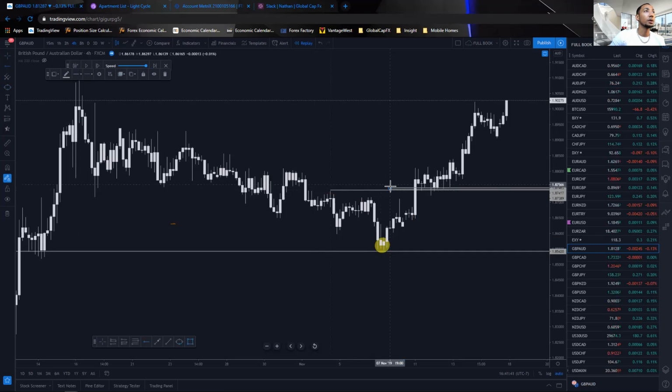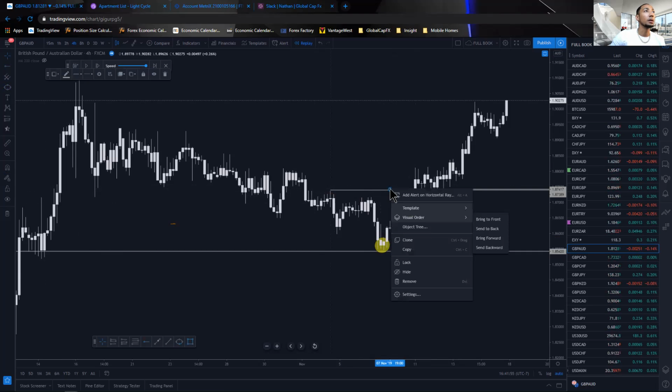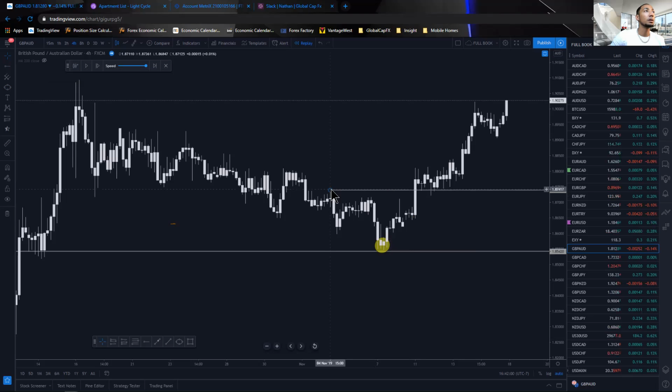Damn, I have the lock drawing tool on. Let me try to redo this one more time and adjust this one.